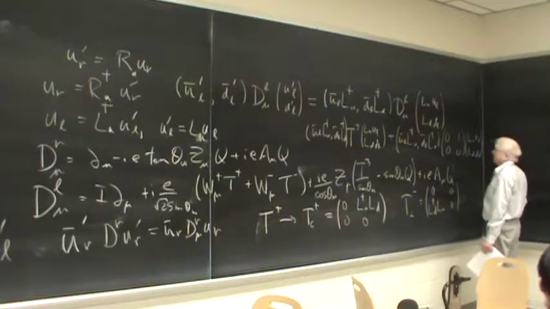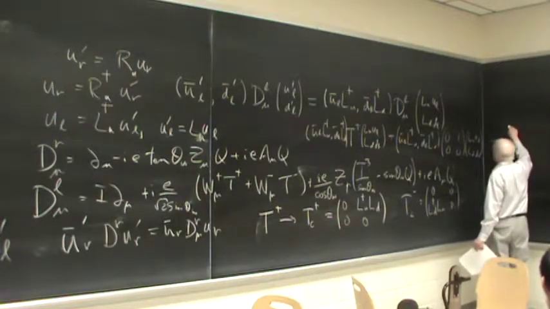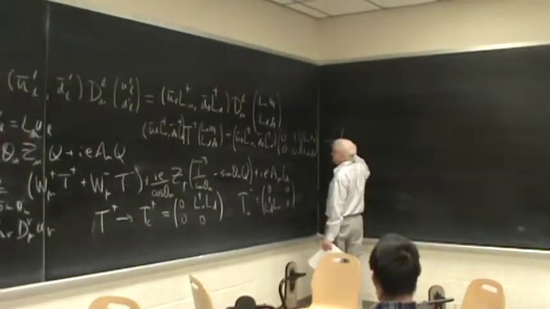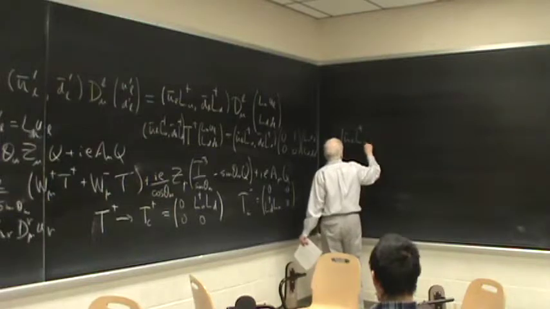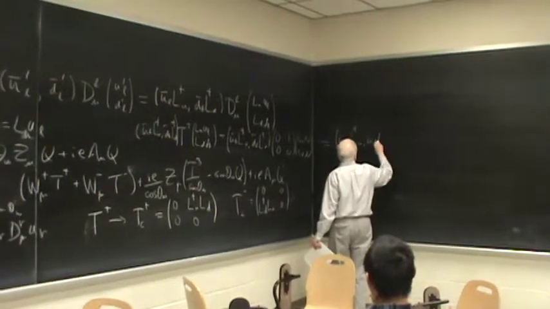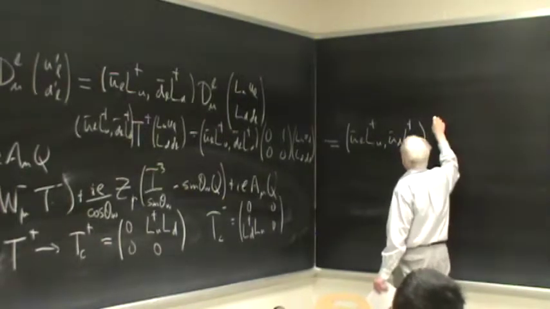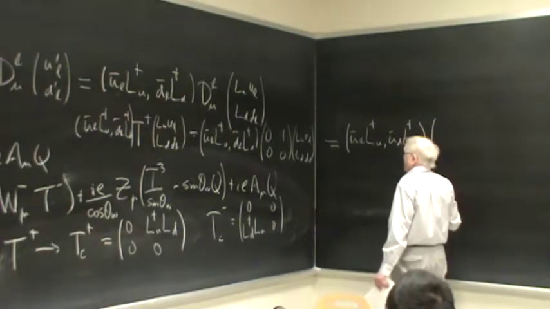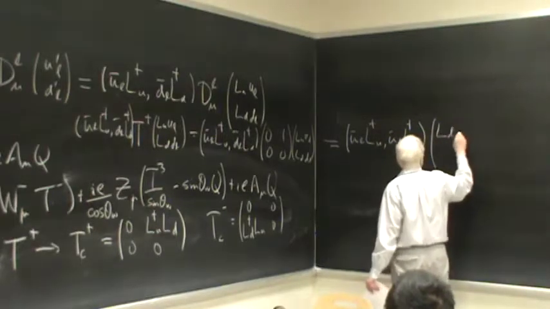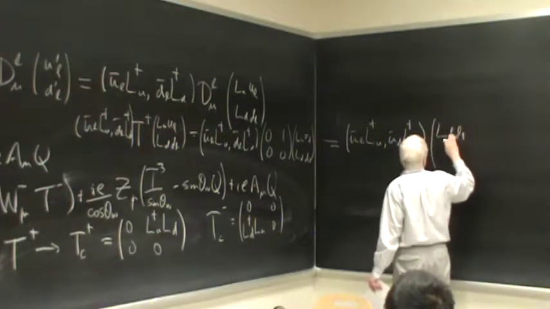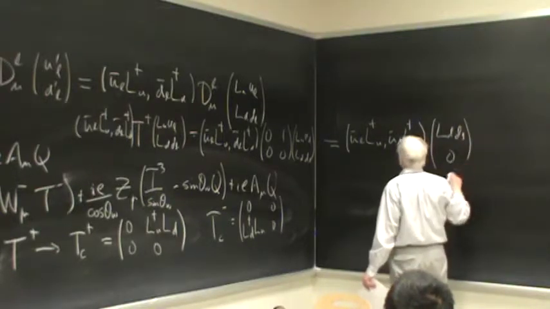And now, if you multiply that out, you get U bar L, L dagger U, U bar D, L dagger D, and then this becomes LD, LD, DL, and then just 0.